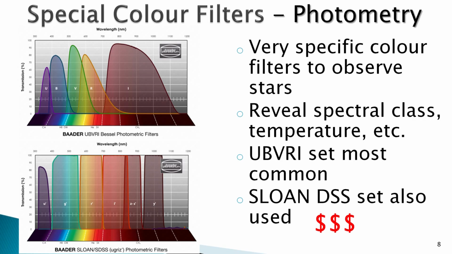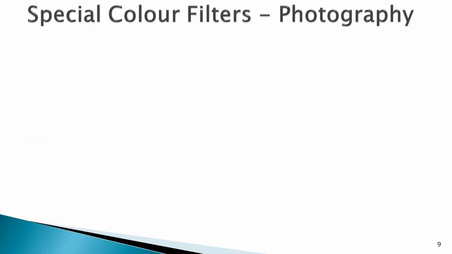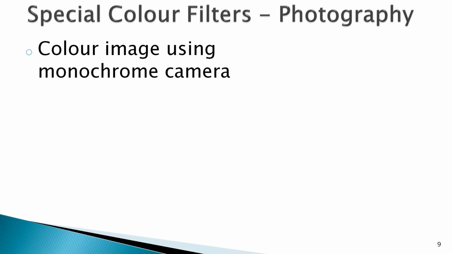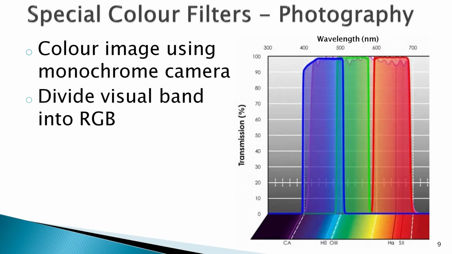The other application of special color filters is for astrophotography. Specifically, generating full-color images using a monochrome camera. To achieve this, the astrophotographer divides the visual band up into 3 color channels, red, green, and blue, using carefully designed filter sets.